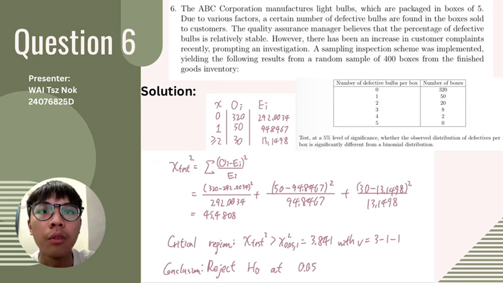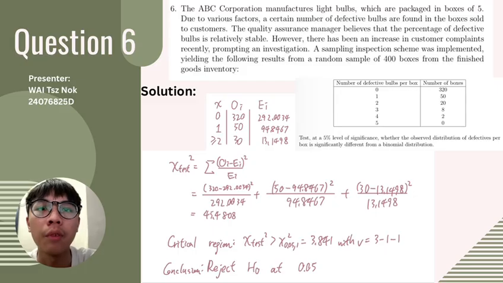After that, we need to find the degrees of freedom. We now have 3 cells and 1 estimated parameter P. The degrees of freedom equal the number of cells after combination minus 1 minus the number of parameters estimated. The degrees of freedom should be equal to 3 minus 1 minus 1, which is equal to 1.